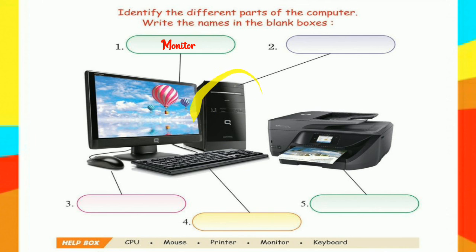It's the brain of the computer, or we call it the CPU. The CPU is used to control computer functions, or the CPU controls all the parts of the computer. So children, you all understand that the CPU controls all the parts of the computer.